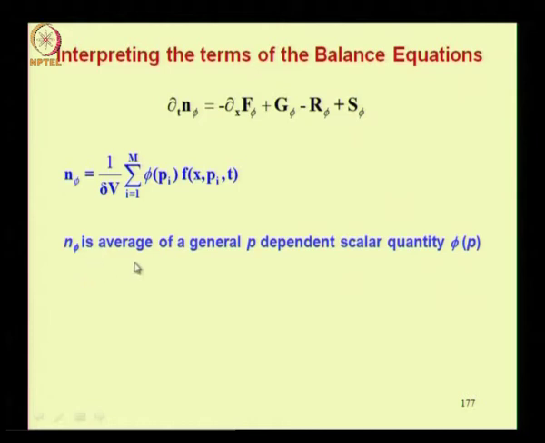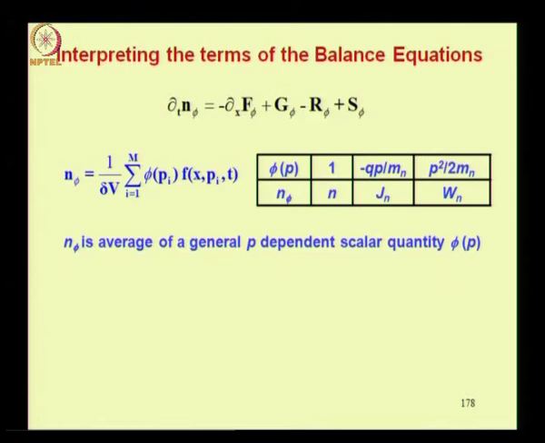N phi is the average of a general p dependent scalar quantity phi p. So to give you more concrete ideas, let us choose some phi p's and see physically what this n phi is. This is what is represented here in the table. If you choose phi p as 1, then the formula shown here for n phi reduces to that of the carrier concentration n.